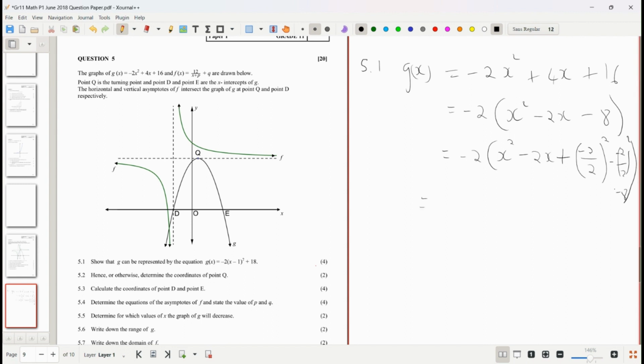So what we need to do, let me write it properly here so that you can all see, because I didn't have enough space there. So I'll just copy everything. Okay. So negative 2 divided by 2, we know is negative 1. And then when you square it, you get 1.